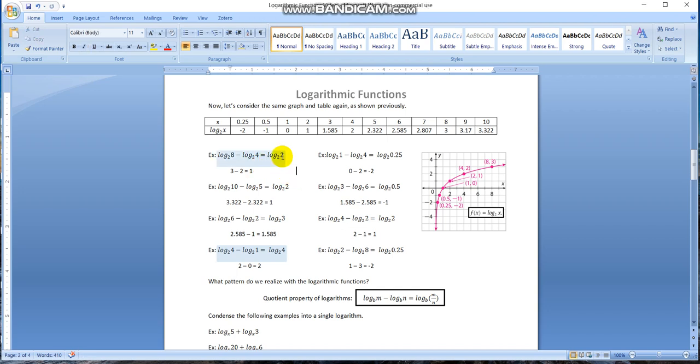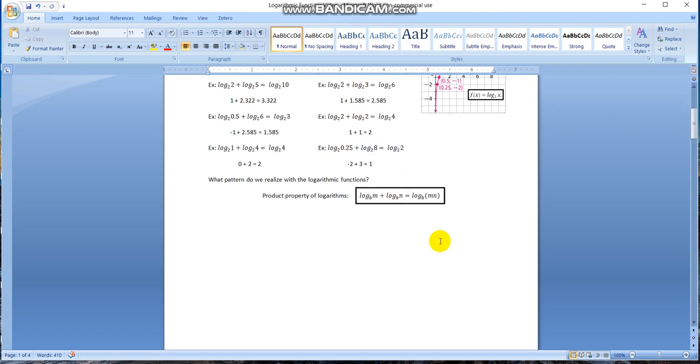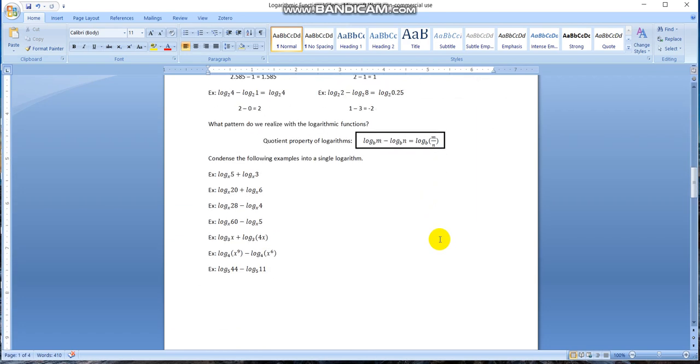Okay? So if you see you're subtracting logarithms, you would use this formula. Okay? So m and n here, so this would be m divided by n. If you see property where you're adding, it would be m times n. Okay? So let's try to do some examples here.